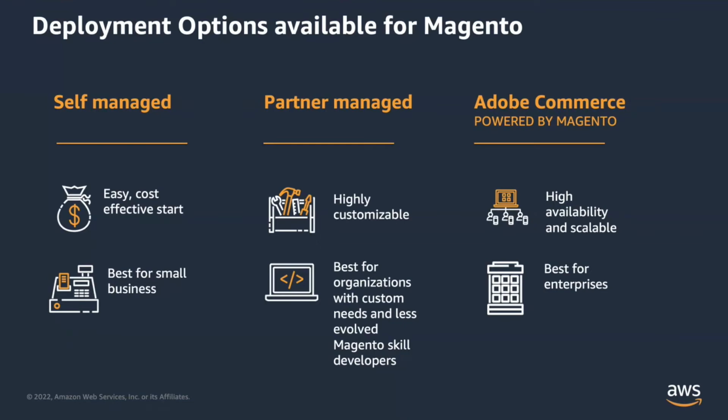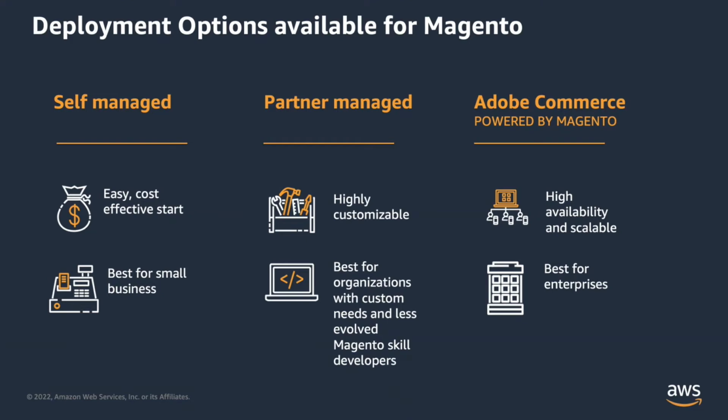So when we talk about self-managed, what we're referring to is that we will provide the scripts or the Amazon Machine Image, which is an image that we provide to run the instance or a server on AWS. And then the customer, once that deployment has been completed, will be in charge of managing, monitoring, updating and patching that environment.